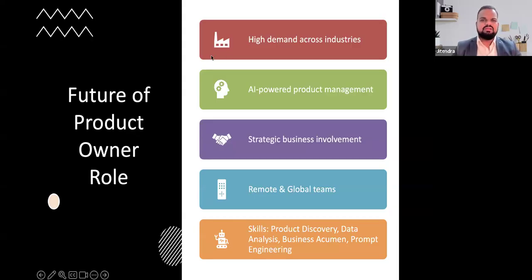That's why this is a job role which is certainly high in demand. And nowadays, if you see the trend, gone is the time that whatever you want, you can build and give to the customer. Now customers are the decision makers, and that's why we need someone who can understand the customer dynamics.